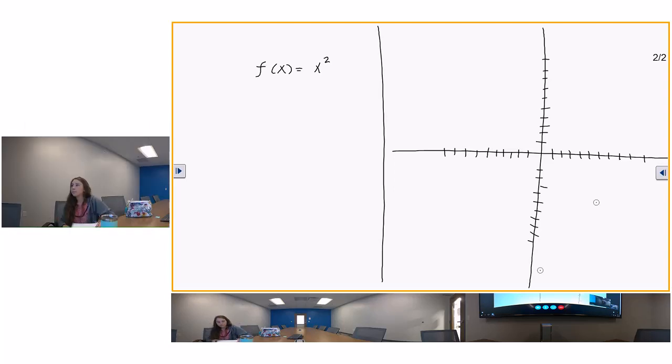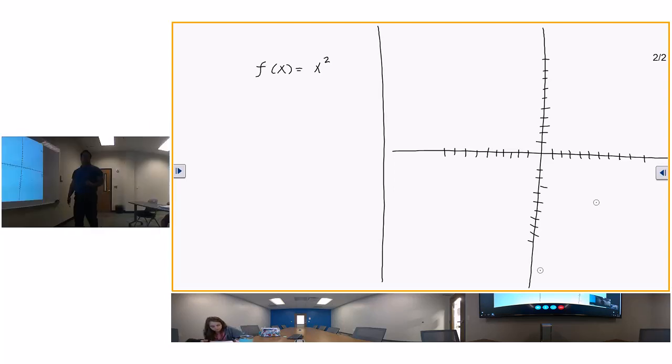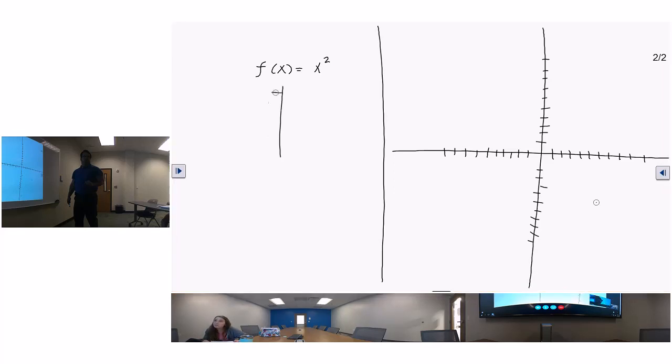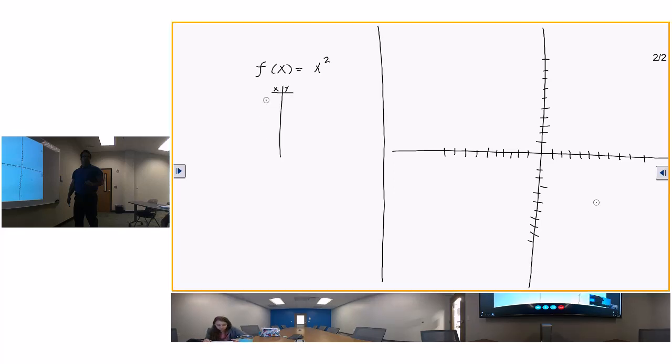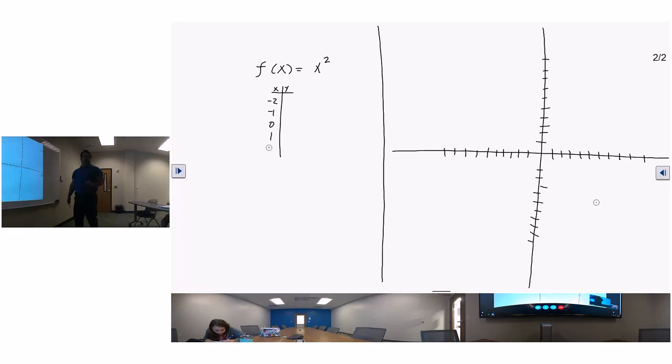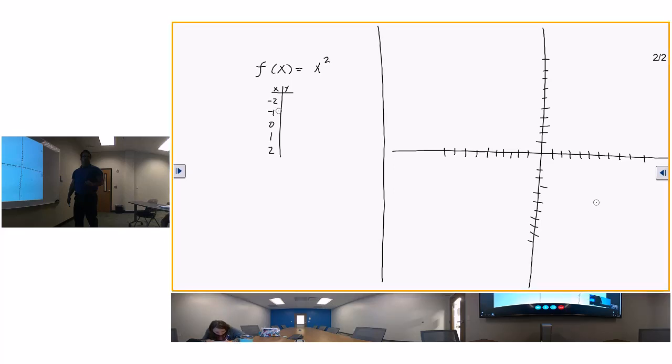I want you to plot points on f of x is equal to x squared. You know how to do that because you always do the little -2, -1, 0, 1, and 2. That's going to be a 4, a 1, a 0, a 1, and a 4.